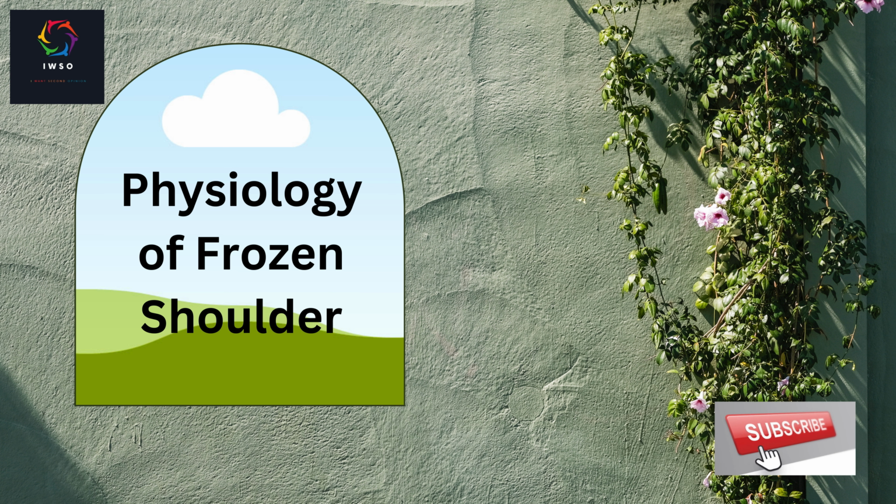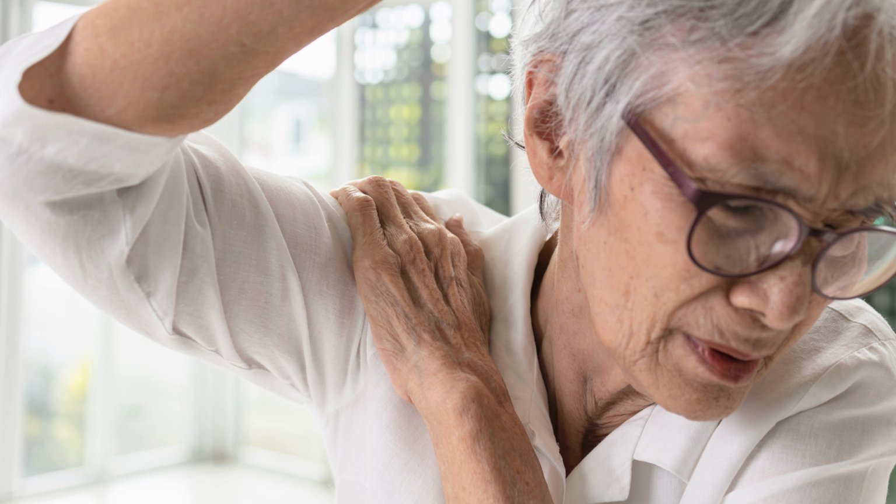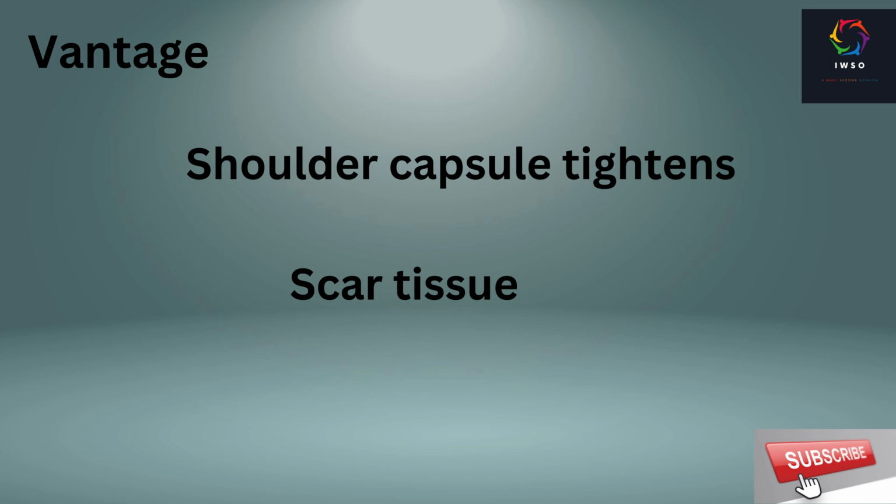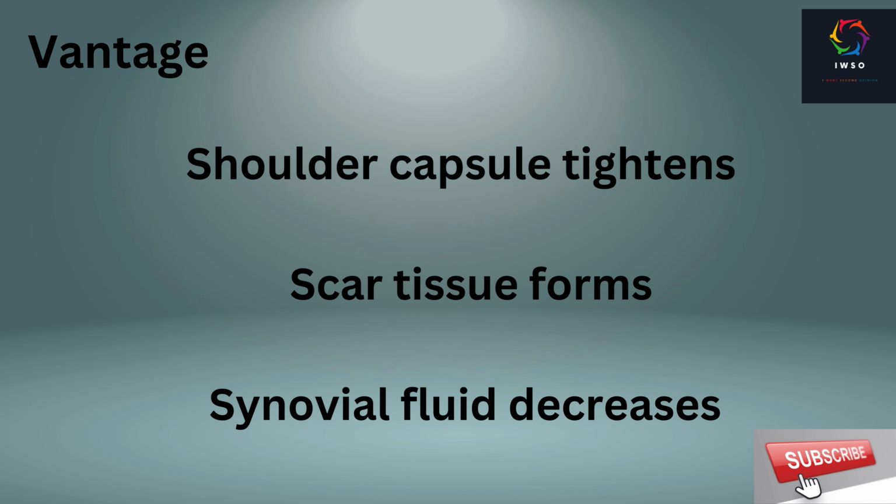Now, let's look into the physiology of the frozen shoulder. Let's dive into the physiological process at play in frozen shoulder. The shoulder capsule undergoes changes. It thickens and tightens, creating a cascade of events. Scar tissue forms within the capsule, and the synovial fluid responsible for lubricating the joint decreases.